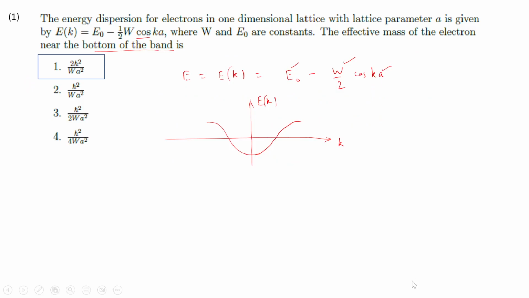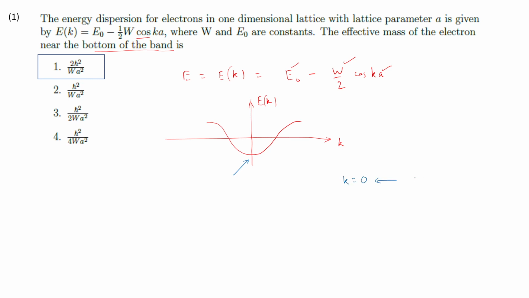So we're discussing how to find the effective mass of the electron at the bottom of the band where the energy dispersion is already given. The energy dispersion looks like an inverted cos function like this, and the bottom of the band is this point where there is the minimum, and this occurs when k is equal to 0.